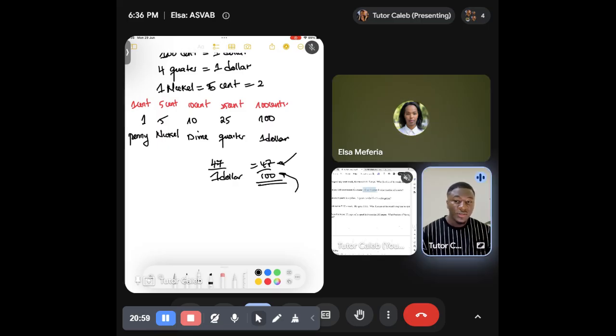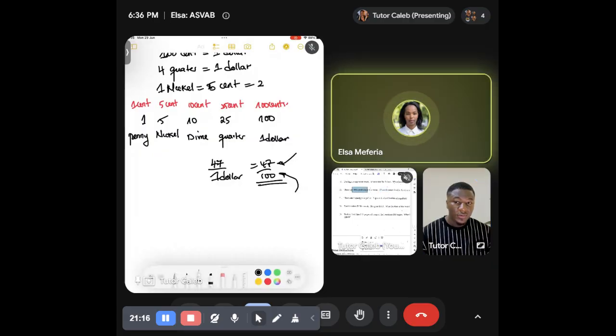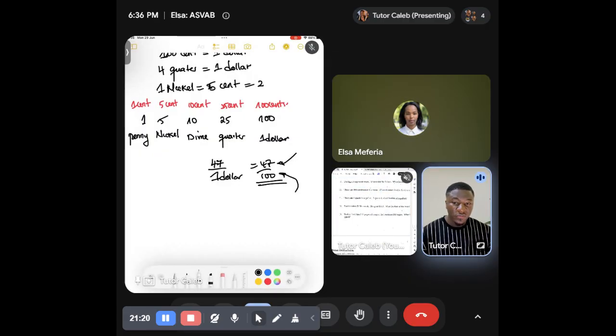Over 1? So, that's what I say, 3 quarts over 1 gallon.